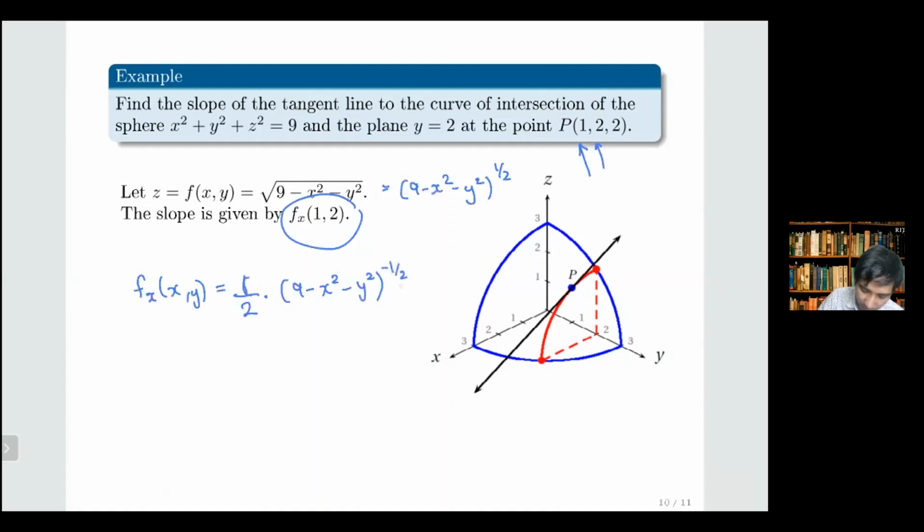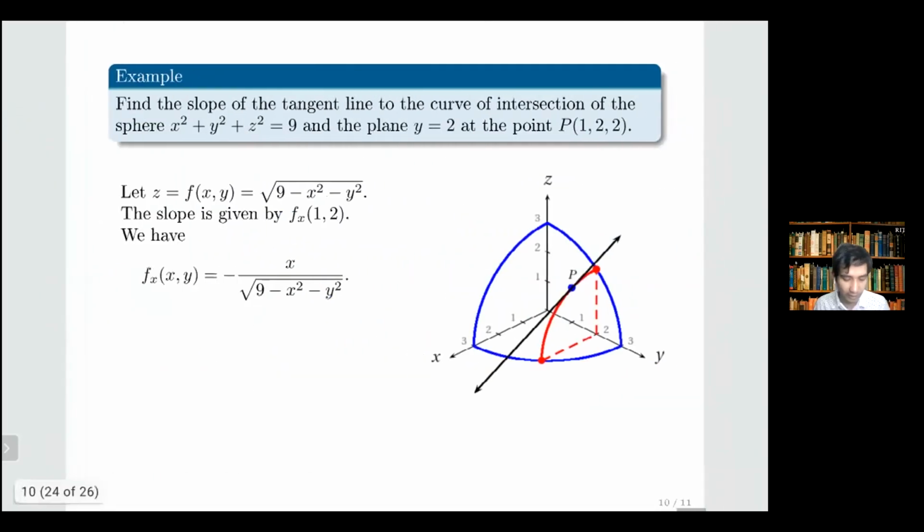And then by the chain rule, we multiply by the derivative of the inside with respect to x. The 9 and negative y squared are constants, so times negative 2x. The negative 2 cancels, and what we have is fx equals negative x all over the square root of 9 minus x squared minus y squared.